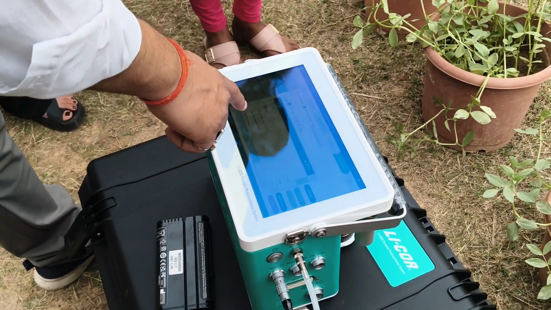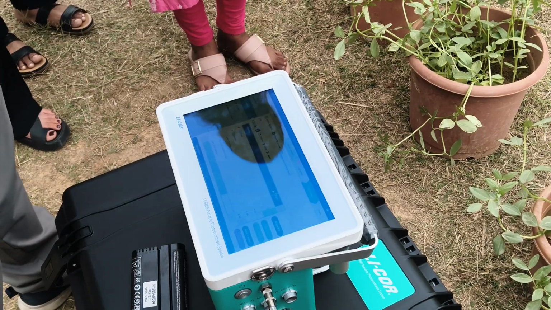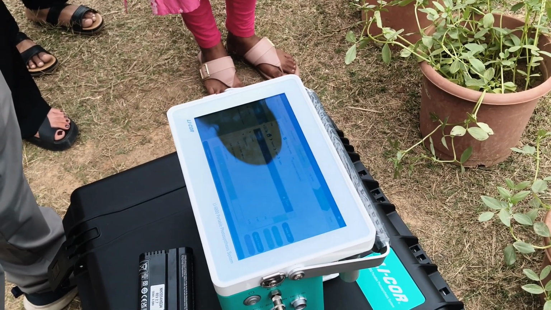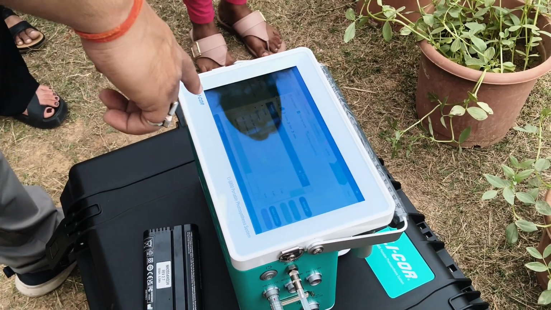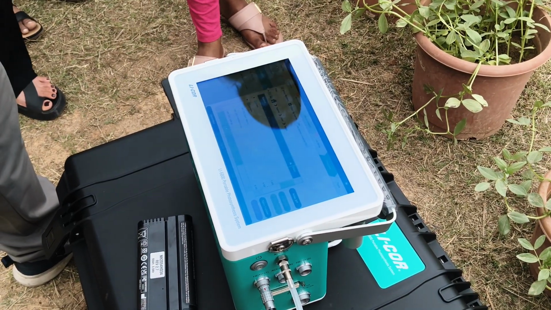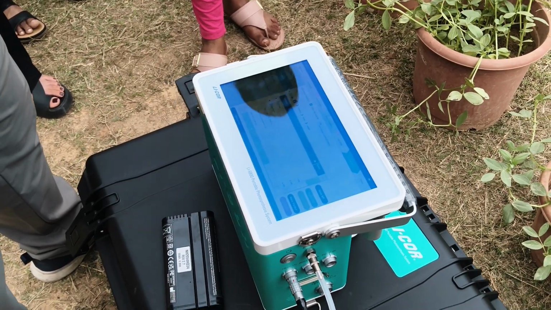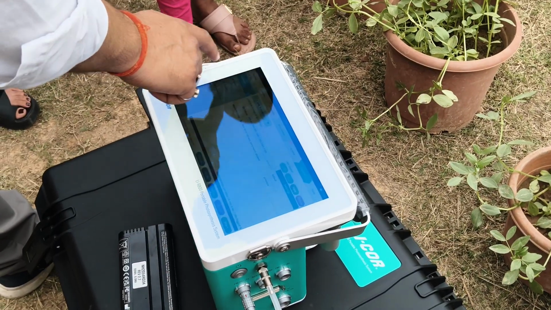There is a dynamic method also. So you can make a continuous CO2 method, where at a particular interval maybe photosensitivity should be higher, maybe 642, 650, whatever. By using this method, you will get the saturation point of CO2 concentration, after which the plant cannot take more CO2. So that is another method.